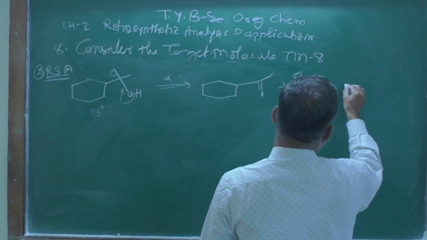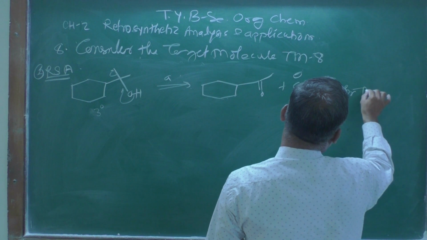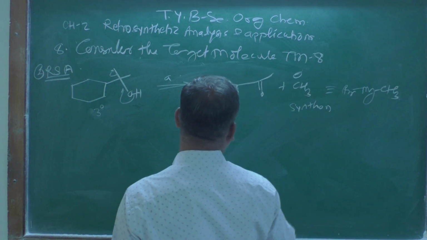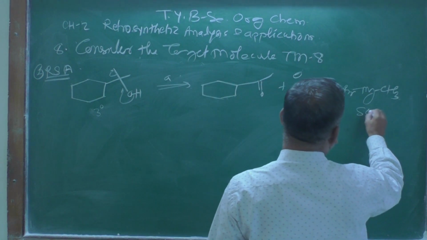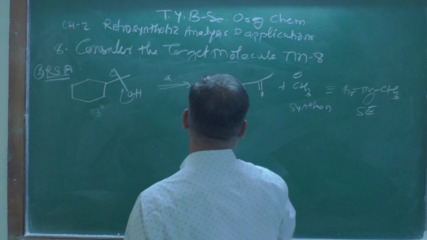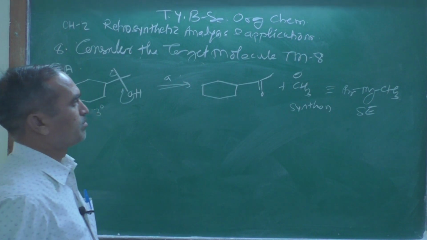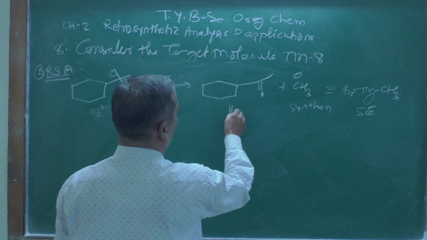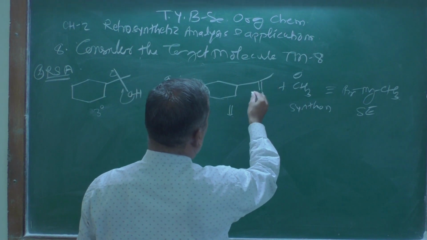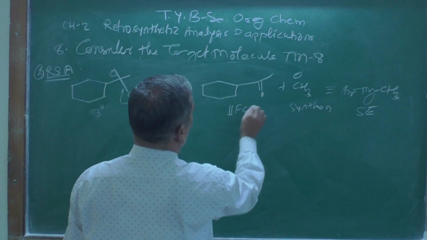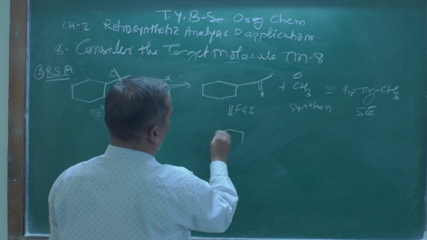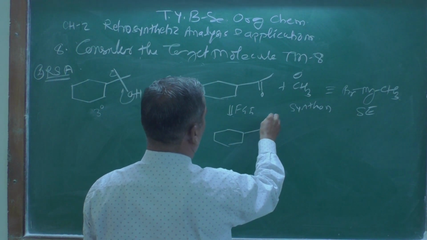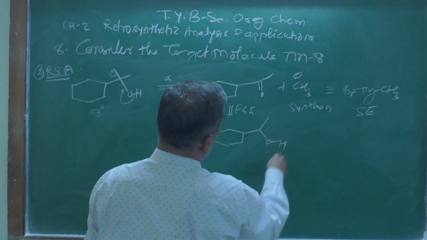You can use Br, then Mg and the CH3, right? This is called a synthetic equivalent for this, and this compound we can get over here, or this can be obtained by doing the FGI, functional group interconversion.